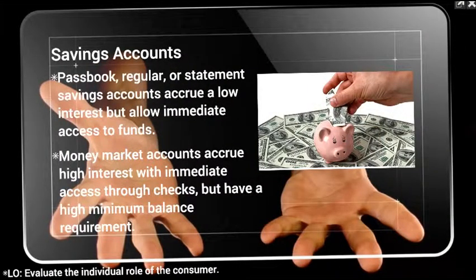Passbook, regular, or statement savings accounts accrue a low interest, but they allow immediate access to funds. Money market accounts accrue higher interest with immediate access through checks, but they have a high minimum balance requirement.